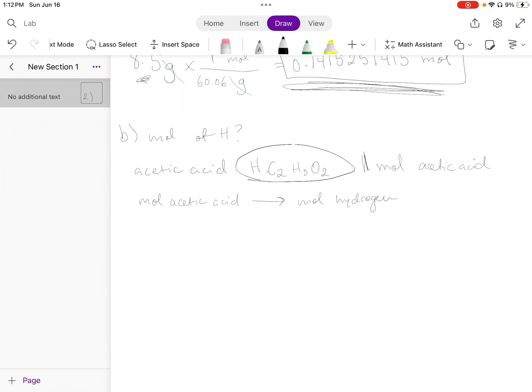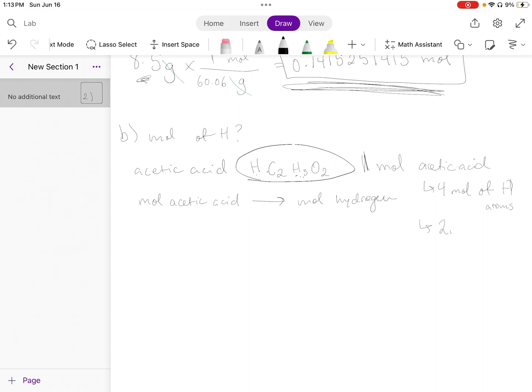You know how I said like the carbon dioxide, for 1 molecule, there were 2 oxygen atoms? It's kind of the same idea here. So we can see that 1 mole of acetic acid has 1, 2, 3, 4, 4 moles of H atoms. What else do they have?